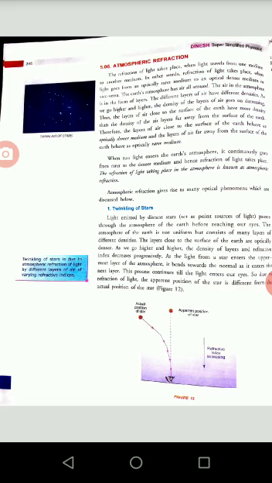Therefore, when the sunlight falls on the water droplet suspended in air, the sunlight is refracted and the refracted sunlight is split or dispersed into its constituent colors. Thus, a water drop suspended in air behaves like a glass prism. The red color deviates the least and violet color deviates the most.